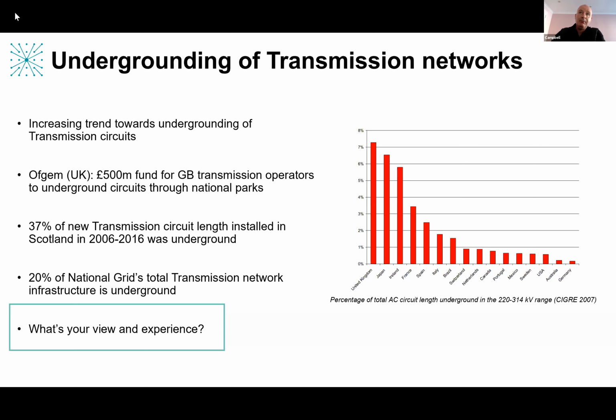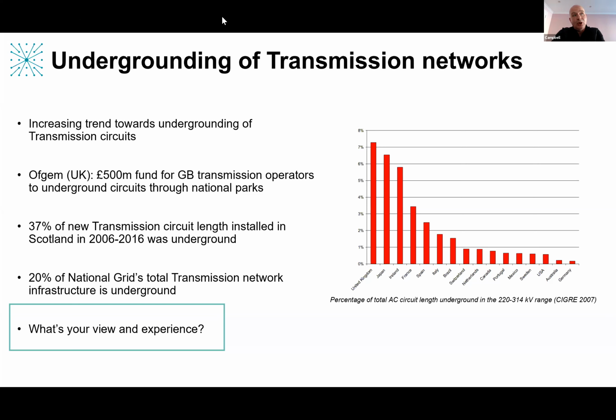So one of the things that you can see here, it's rather out of date, but in terms of a survey that Cigré carried out back in 2007, we can see here that there's a significant, and I would say growing, proportion of AC circuits, which would typically be at the high voltage, overhead, being moved either completely or partially underground. And I think it's the partial undergrounding that's really more of interest and potential focus here today. But you can see that there's an increasing trend.